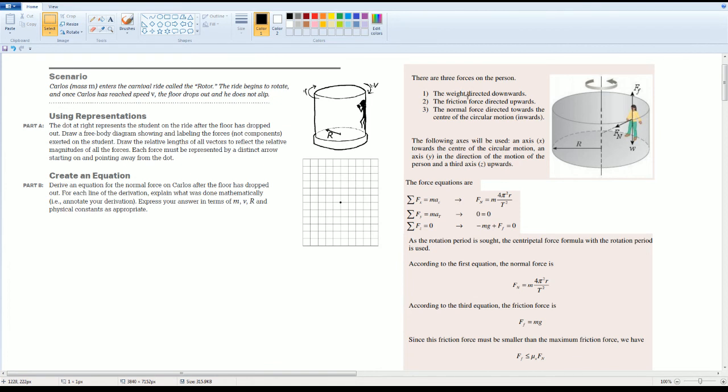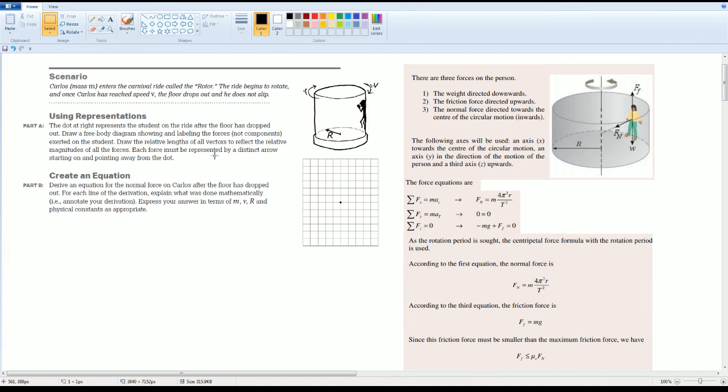One, the weight directly downward, the frictional force directly upwards, and the normal force, which is directly towards the center of the circular motion. And you're like, wait, isn't the normal force opposite to the weight in this case? Not when it's perpendicular like this, or in this scenario.